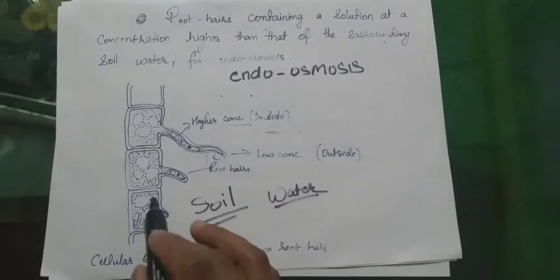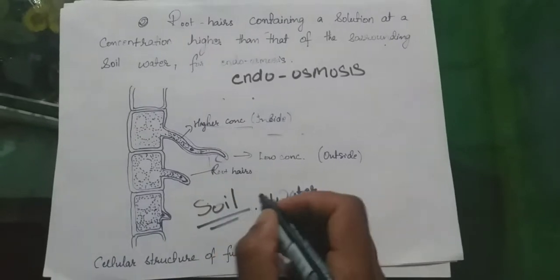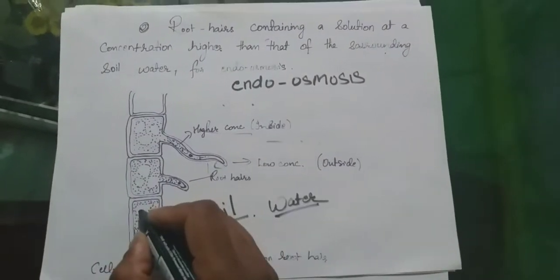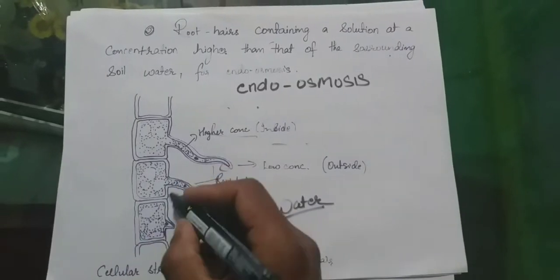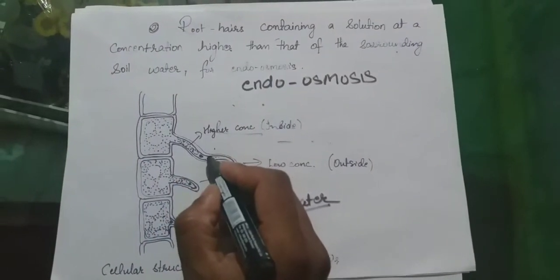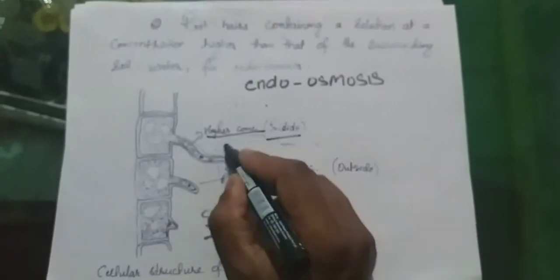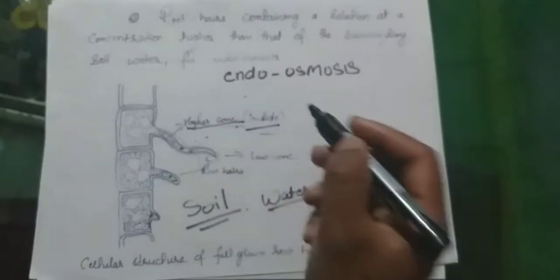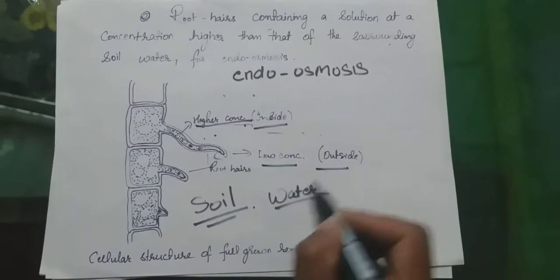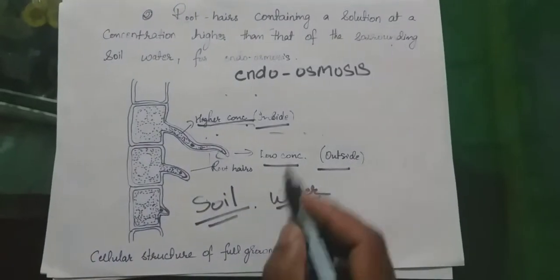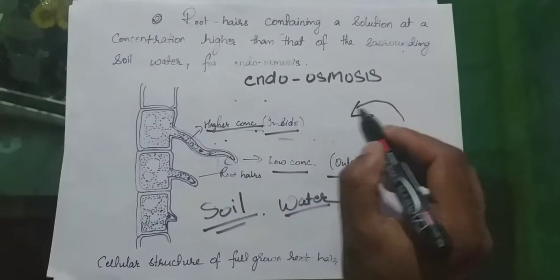If we compare the concentration in here and in here, we will find that the root has a higher concentration of solution, whereas outside the root there is a lower concentration of solution. As a result, the water molecules get inside the root hair.